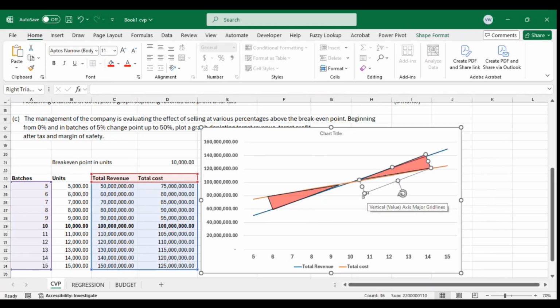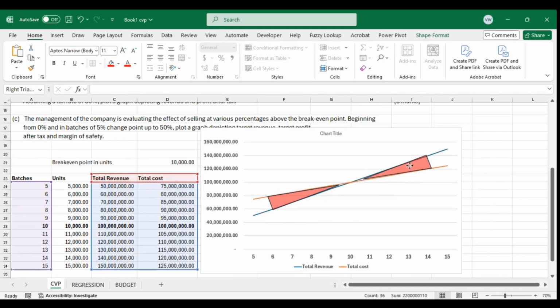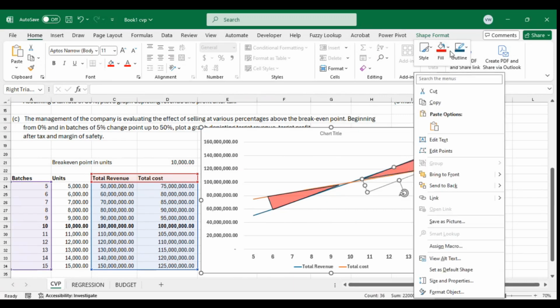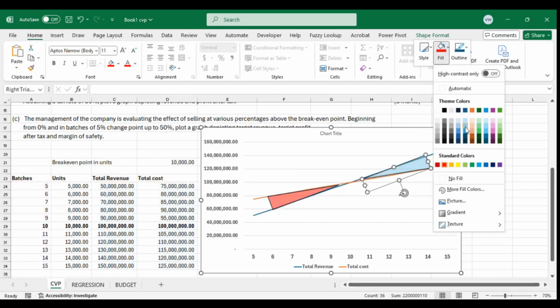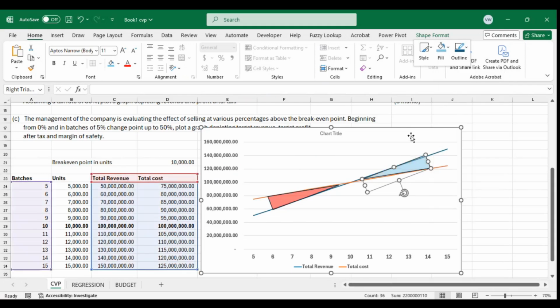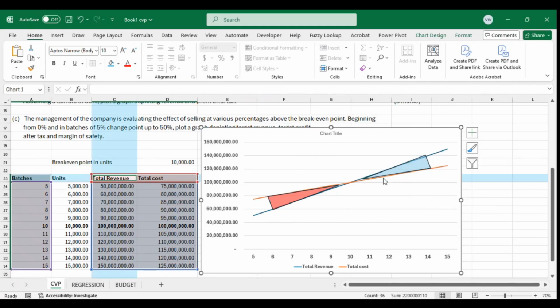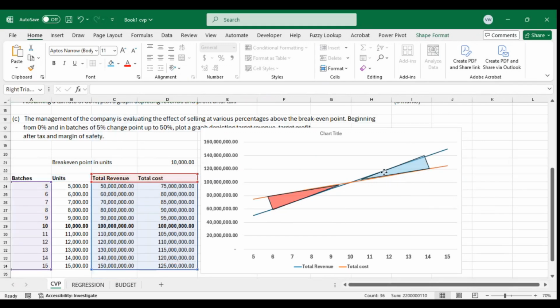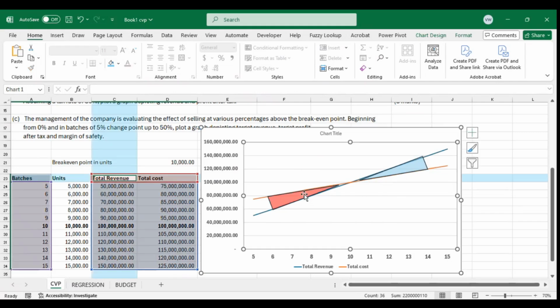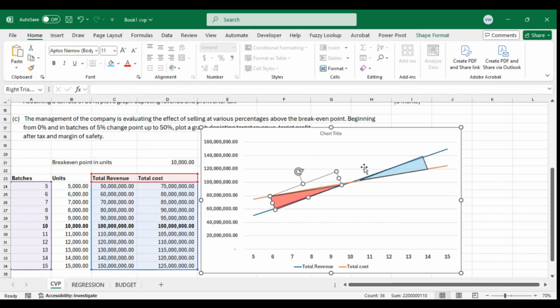Can resize it down slightly. This is our profit region, but now let's give it a different fill color. So this is our region of profitability. And this is the region of making losses.